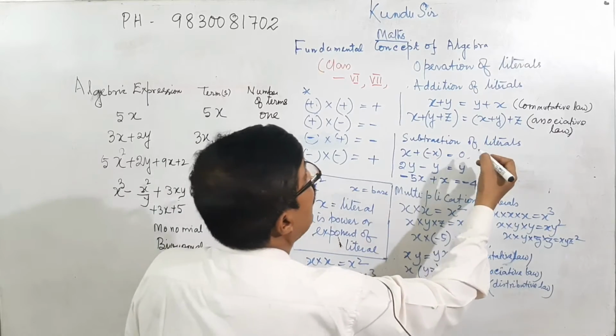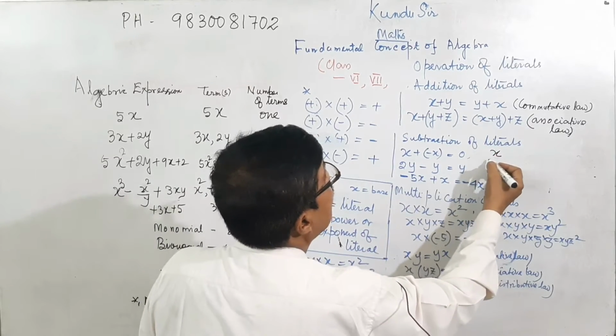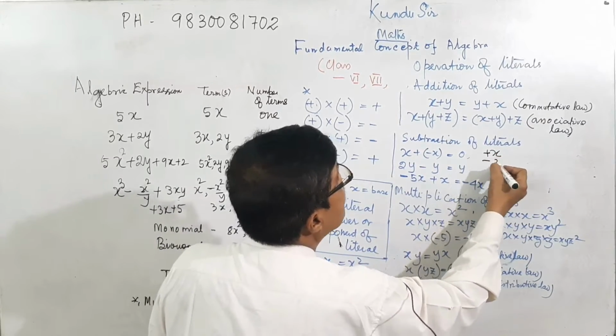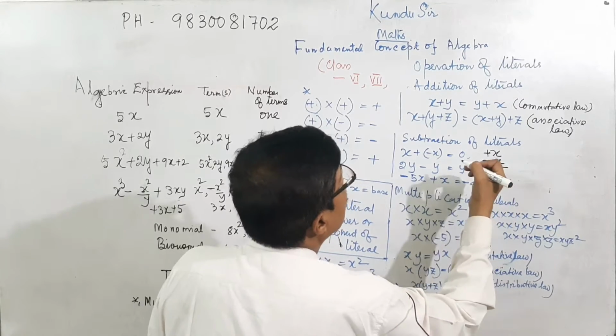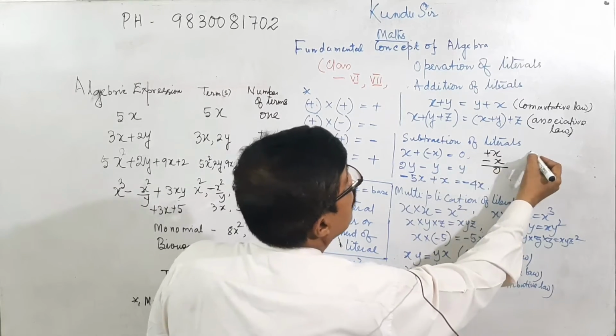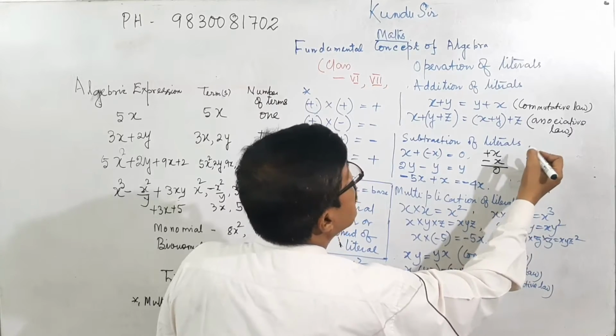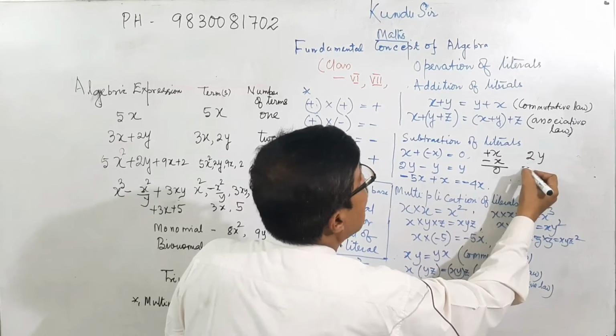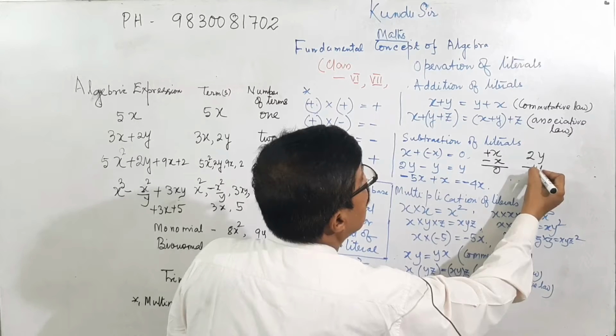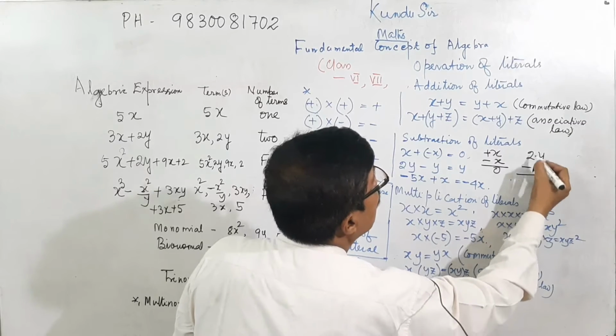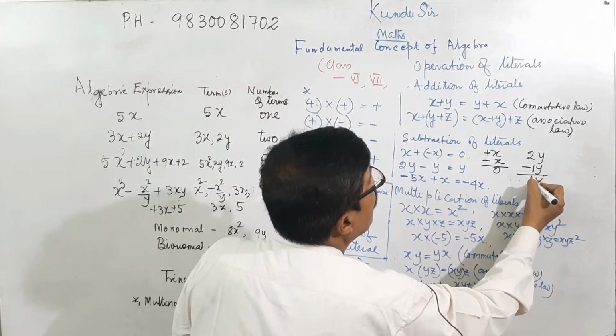Now X plus then minus X, what is it? 0. Second one, 2Y, it is plus, then minus Y, you consider 1 here, then 2 minus 1 equal to 1.